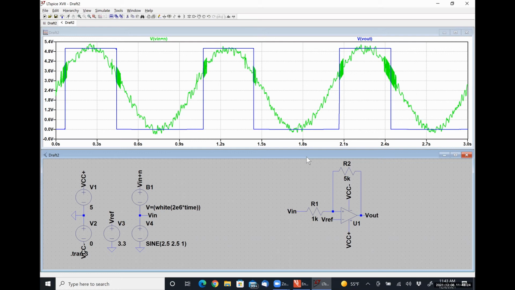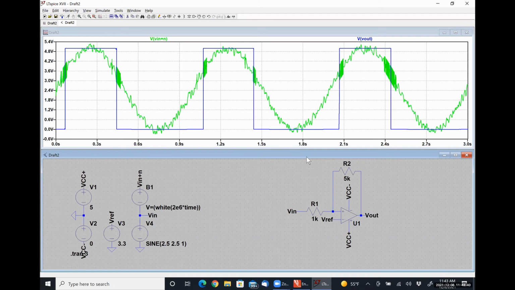So even though the open loop gain is down to 1,000, which is 1,000 times smaller than what we started with, we see no observable difference in the output whatsoever.